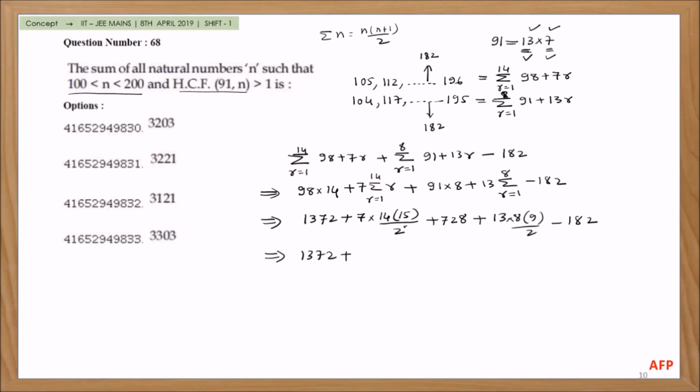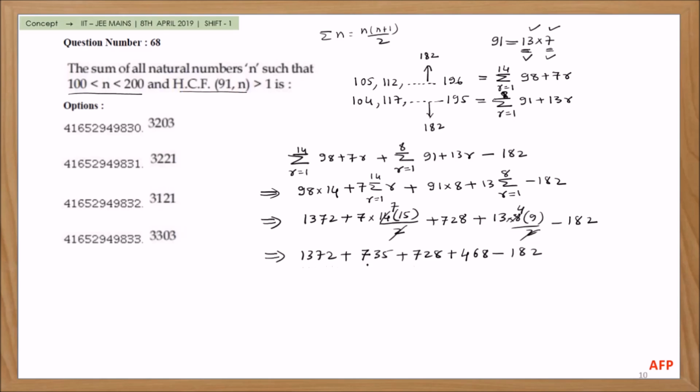1372 plus, if we go for cancellation, 49 into 15. 49 into 15 you are getting 735, plus 728 as it is. If you cancel 4 times, 36 into 13, which is 468, minus 182.